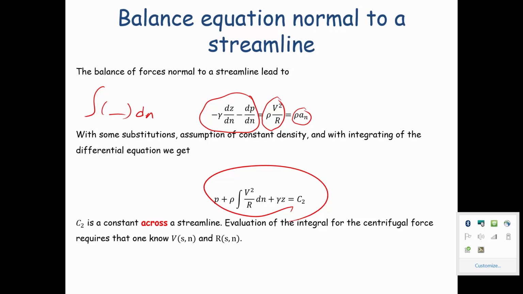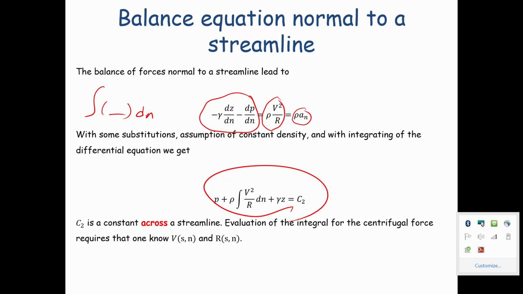The pressure plus the integral term plus the elevation term times gamma, that will be equal to a constant C2. So at the point of the streamline, we could define the pressure plus the integral term plus the elevation term, and that would give us this constant. And that constant will be defined, or will be a constant perpendicular to the streamline.